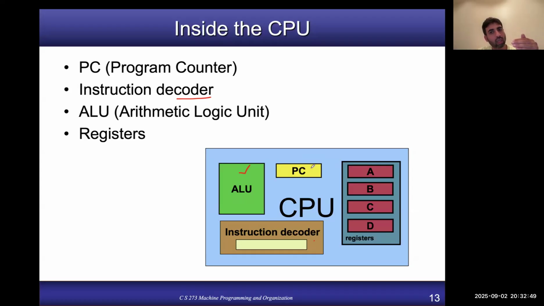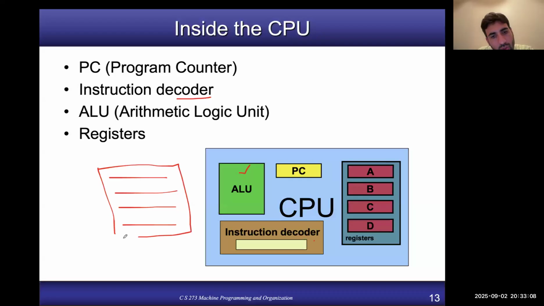Let me draw it here to make it simple. Each line indicates an instruction, and they are put in the memory, just like when you wrote your code in lab 1 and downloaded it to the AVR microcontroller. The first line is the first instruction, saved at address 0 of the memory, this one at address 1, this one at address 2, and so on.